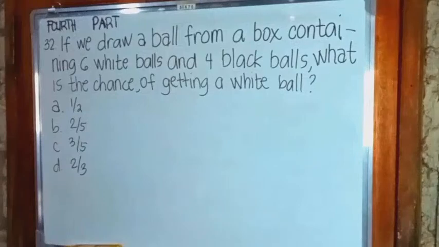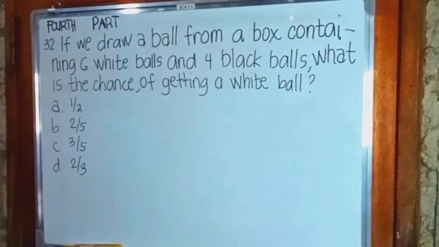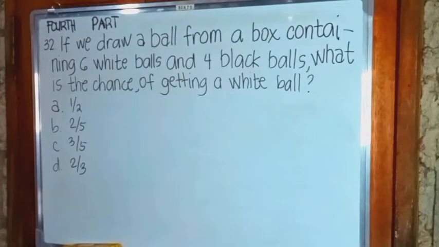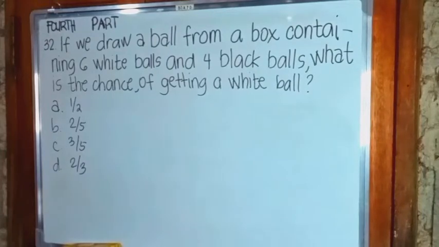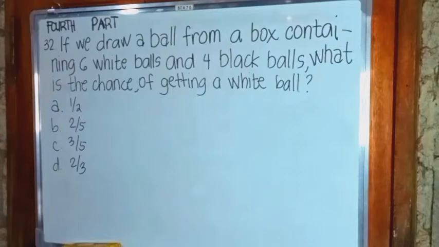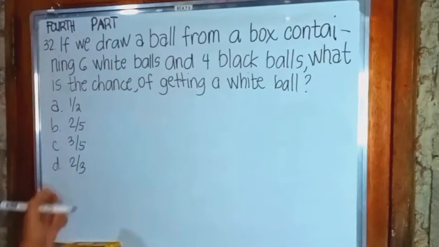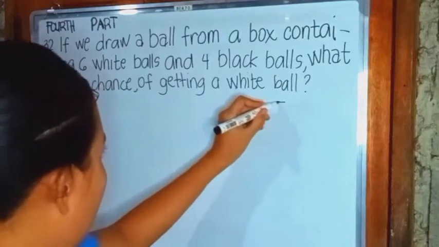Item number 32. If we draw a ball from a box containing 6 white balls and 4 black balls, what is the chance of getting a white ball? We can illustrate this one through a table.